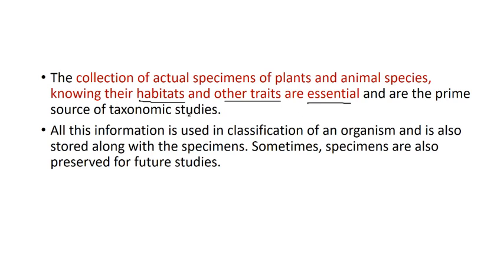All of this information is used in classification of an organism, and these characters are also stored along with the specimen. Specimen means the organism which we are collecting. Sometimes specimens are also preserved for future studies.